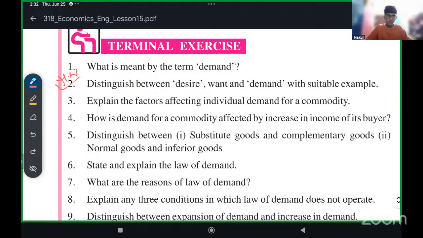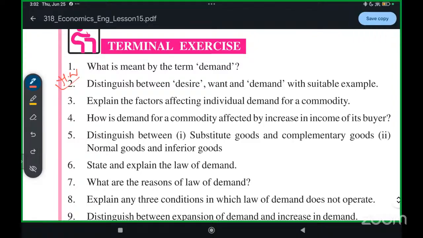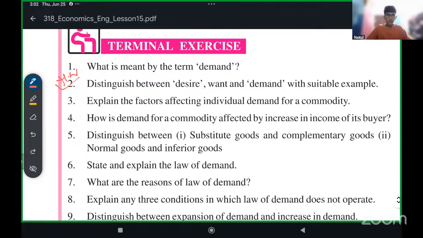Factors affecting individual demand. Can you give me one or two factors that affect individual demand? Factors affecting individual demand for a commodity.